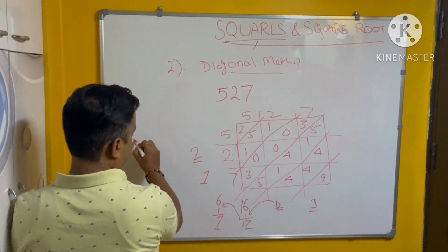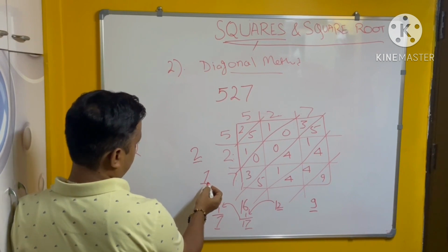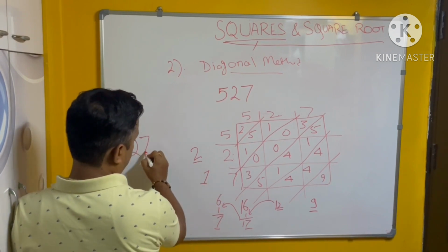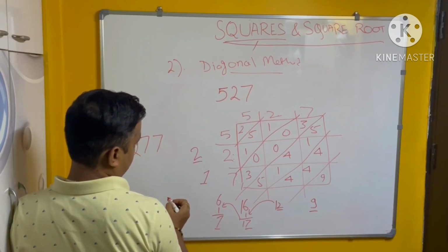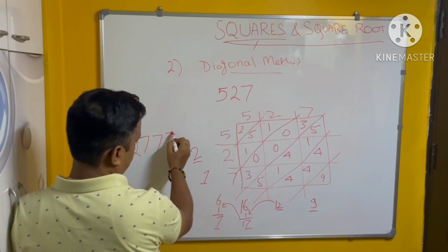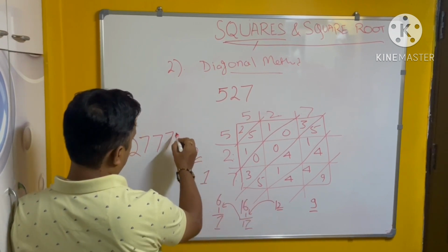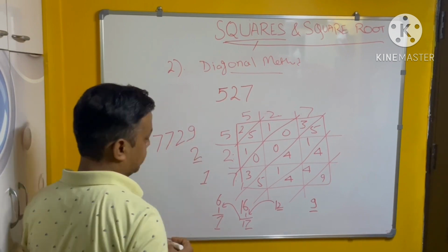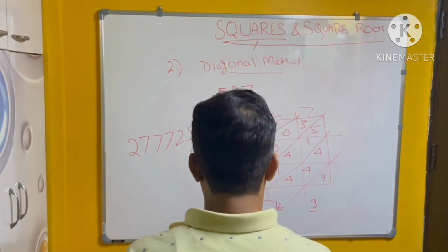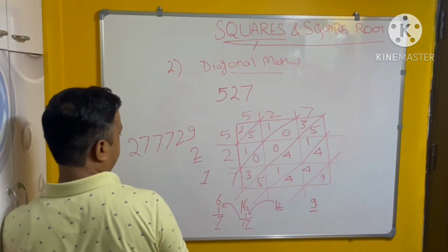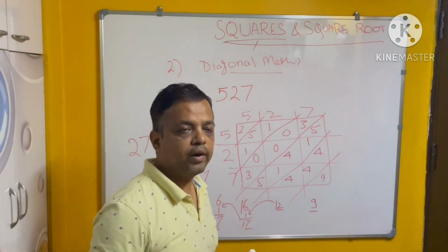So 2, 7, 7, 7, 2, 9. This is the square. I hope this gets clarified.